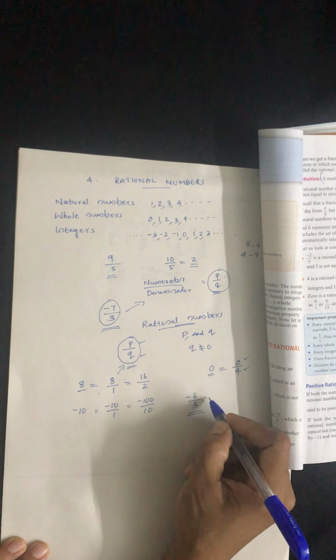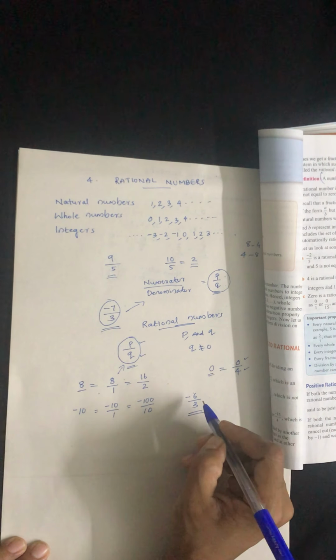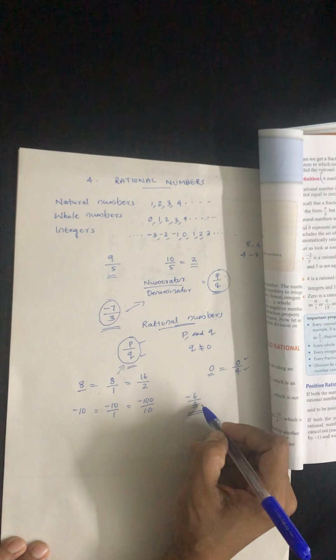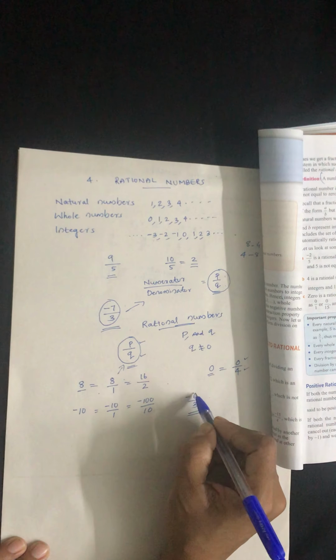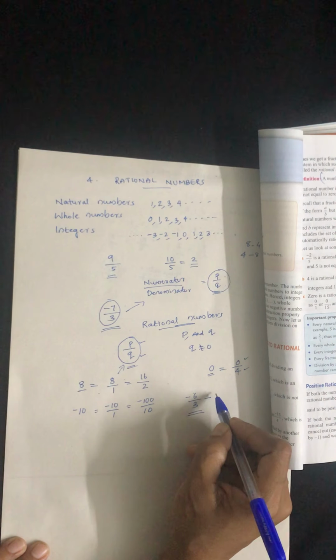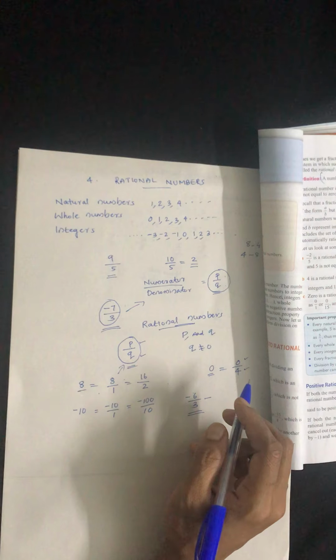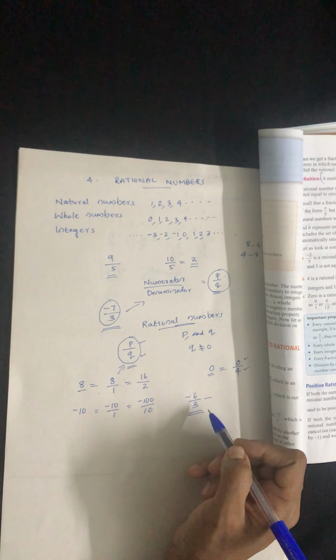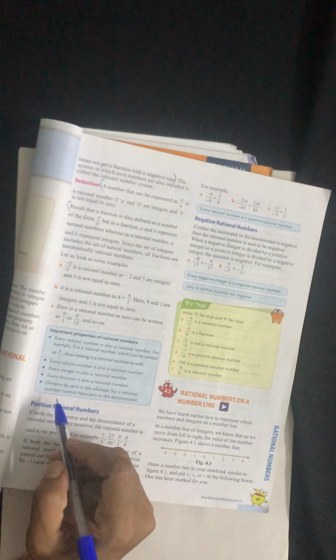It is rational, but it is not a fraction, because for a fraction, what is the condition? Both numerator and denominator should be whole numbers. So it is only included in the set of rational numbers, but it is not a fraction. We can conclude all fractions are rational numbers, but all rational numbers are not fractions.